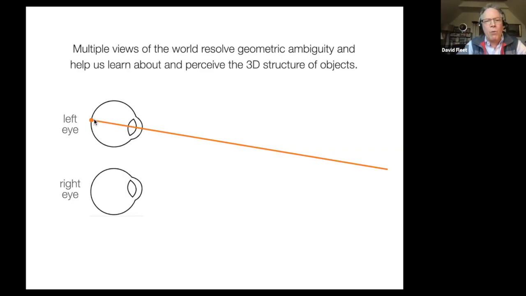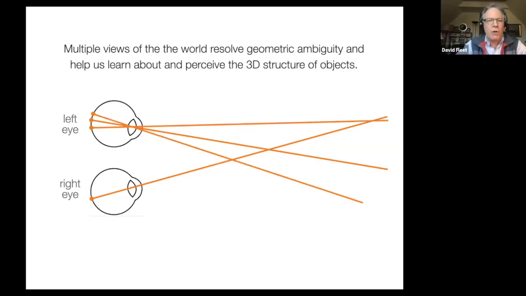Now, given that point in the left eye, we have no idea where it came from along this line. But if we can see another point in the right eye, now we can triangulate to find where that point is in the world. So as long as you only see one point of light in each eye, it's easy. What becomes more difficult is when you have a whole bunch of points of light and you don't know which point of light in the left eye corresponds to which points of light in the right eye.